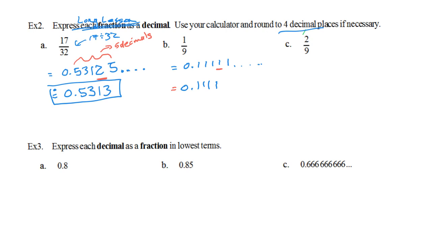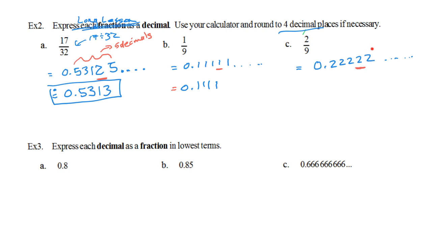We let it rest. So let's say we have 2 divided by 9. We'll do it again. 2 divided by 9 is 0.22222. Notice I said, because it's 4 decimal places, I have 5 2s. Now I'm looking at my last decimal, the very last one, to determine whether I'm going to round it up.